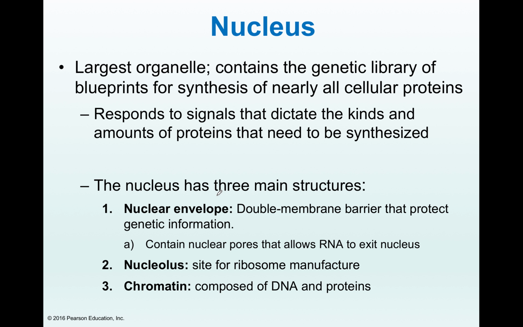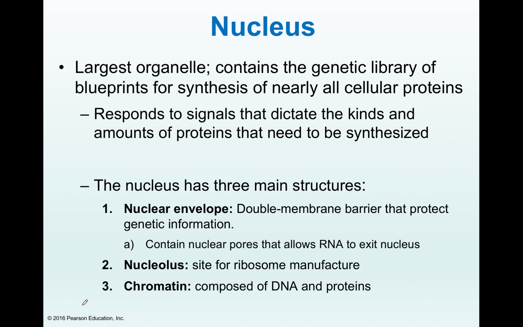So if we're talking about, again, these three components, I have chromatin, which is uncondensed. Sorry, my handwriting is not the best. My computer has a mind of its own.